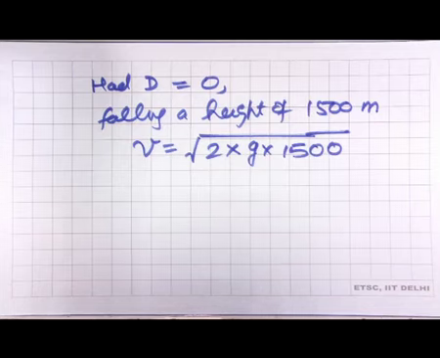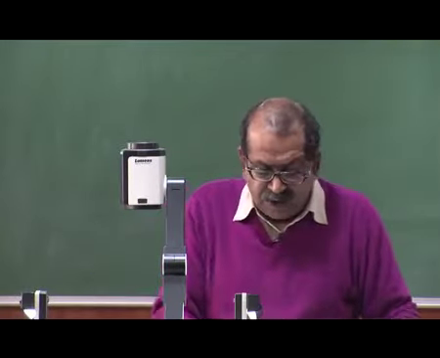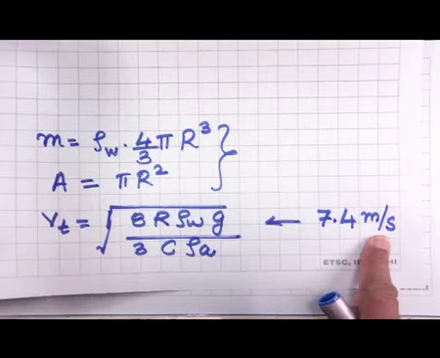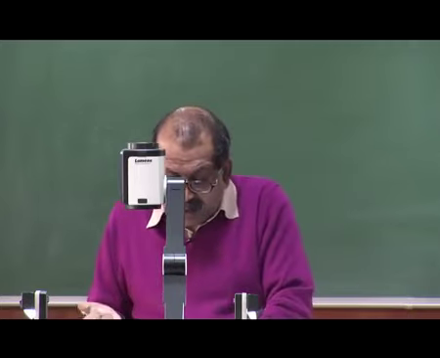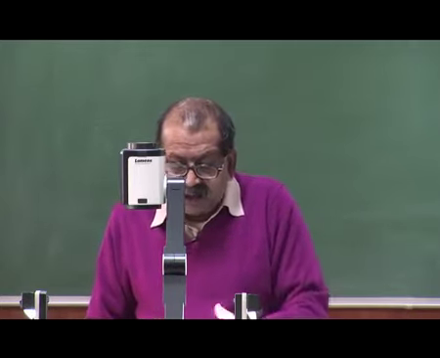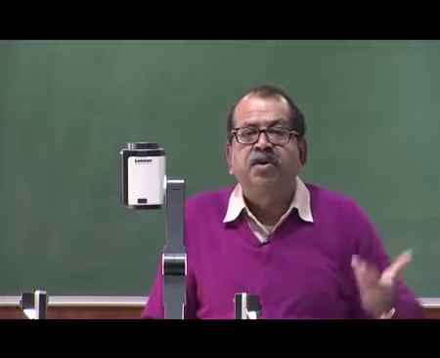So, it would have been a very large velocity, whereas because of the effect of the drag force it becomes 7.4 meters per second. And also what we realize is the terminal velocity is independent of the height of the cloud.